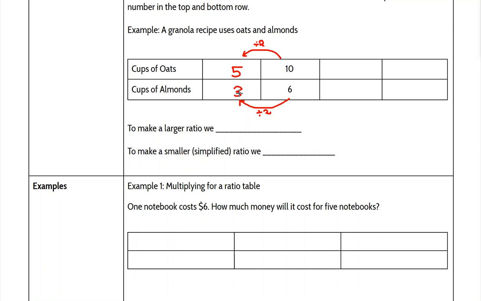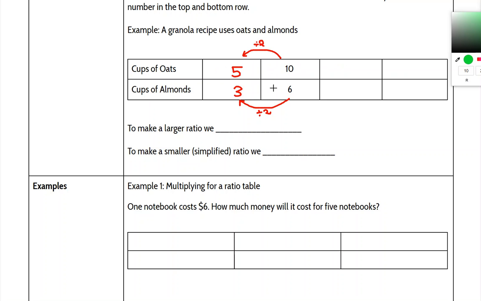So 5 and 3 is an equivalent ratio. Could we simplify that anymore? We can't. There's not a number that you can divide both of these by. But we can create equivalent ratios that are bigger by multiplying. So instead of dividing, I'm going to multiply. Now I can multiply this ratio to make it bigger, and it doesn't really matter.